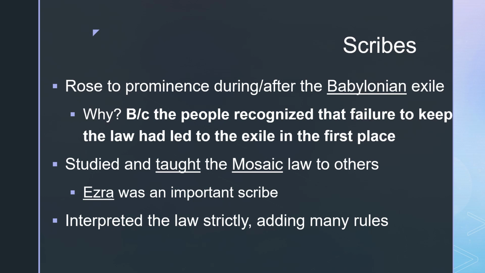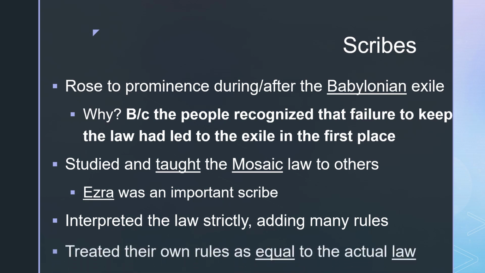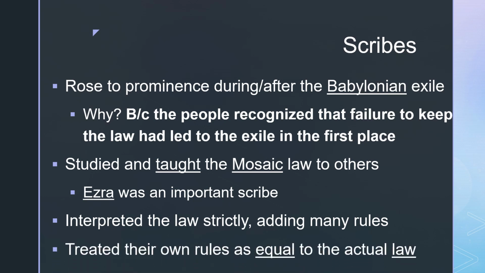We take what's a good impulse, a good desire, a good law, spend time meditating on God's word, and we can turn it into a rule that is stricter and harsher and is more of just a checklist than what God intended. And that tended to happen with the scribes. They got to where they would treat their own rules as just as binding as the actual law.